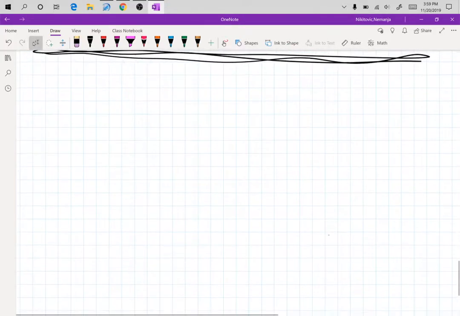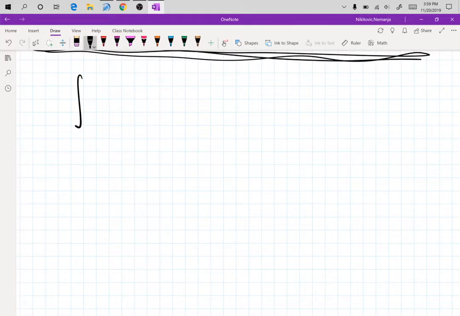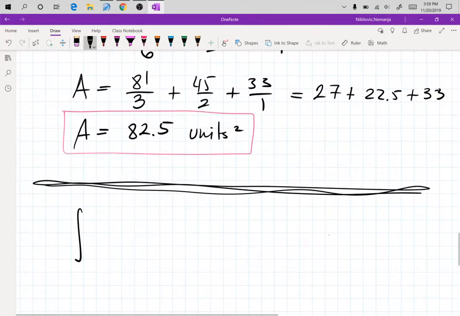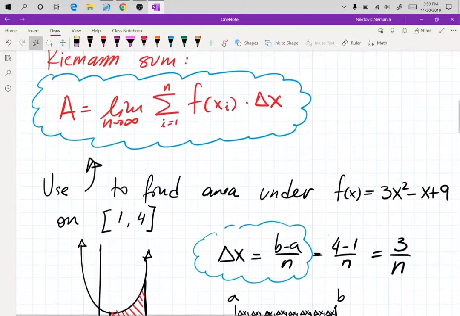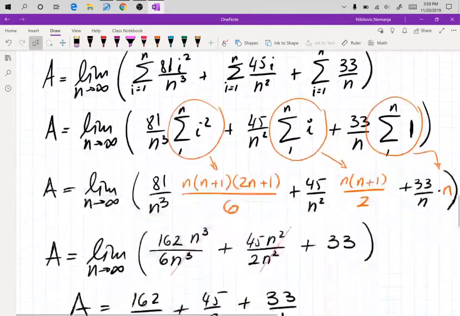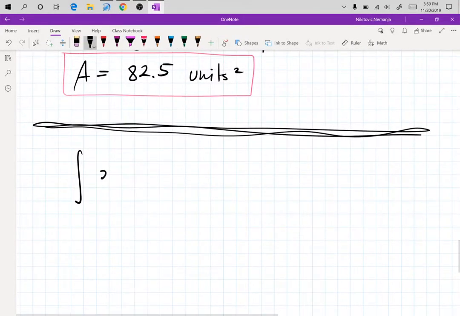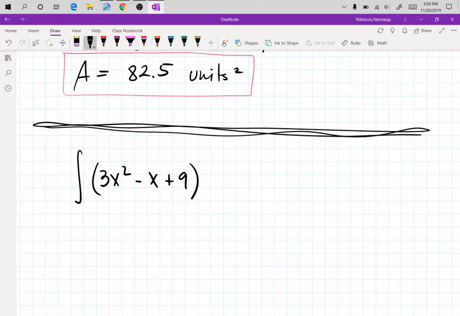If I take the integral of the same function, what was the function? 3x squared minus x plus 9 dx. And I put the limits, what were our limits, 1 to 4? And I put the limits on the integral, which is what we did not do last time. That's new.